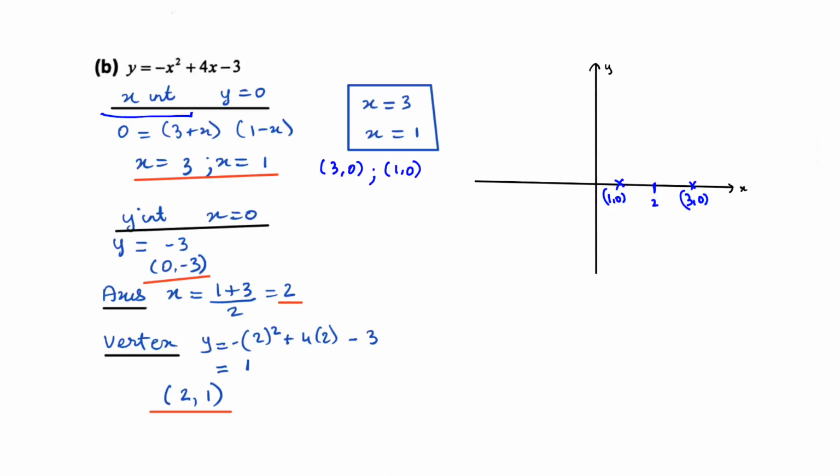And then your vertex, 2 and 1. Plot the point here. Now you draw the shape and then later write here your y-intercept, which is 0 and negative 3. So we are done with this sketch.